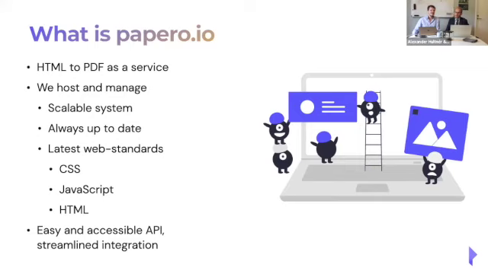So that's the part we really stress is unique and what's important for us. If it works in your browser, it will look the same in the PDF. And we also host an easy and accessible API with, as it says in the presentation, a streamlined integration.